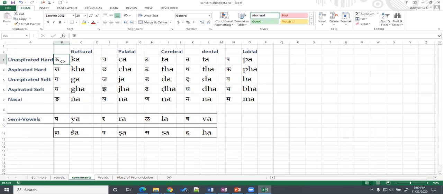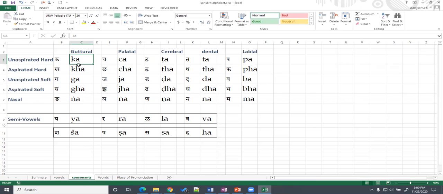If you say ka, it means ka as the consonant and akara as the vowel. So how do you say just the consonant? You say kakara. Kakara means just the K portion, which is not possible to pronounce by itself. Any sound, whether in Sanskrit or in English, requires an inherent vowel to pronounce.